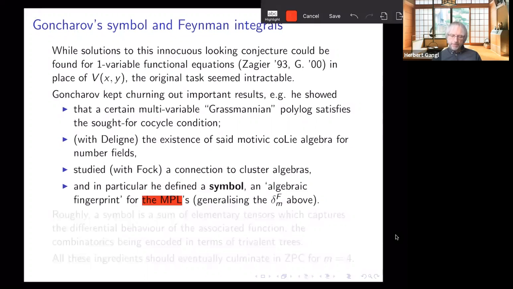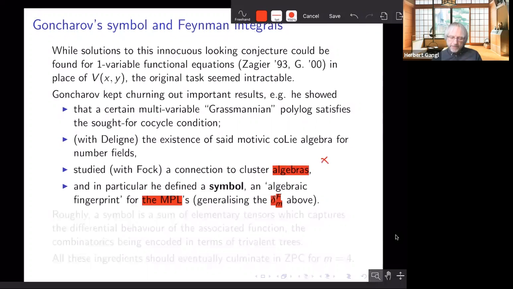Generalized the delta M. I haven't given you the definition of delta M, but essentially it's the previous one, just instead of x tensor 1 minus x, you can for general m simply thicken this x. So you take several factors, the x tensor m minus 1.